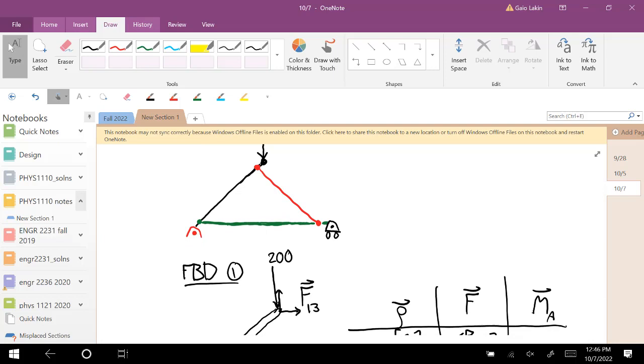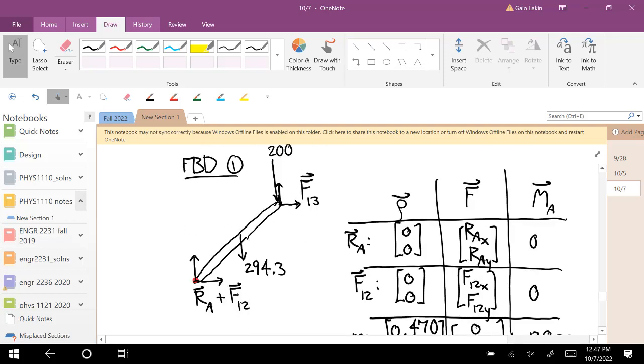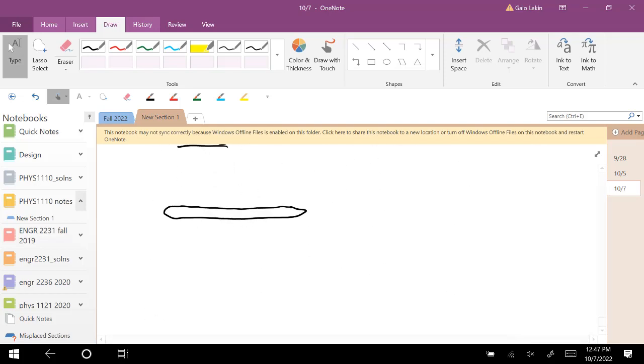It's connected to member 1, but just not the reaction from the ground. Okay? So over here, there's a force on 2 by 1, which, since we've already used F12, we'd rather write this as negative F12. You with me on that?